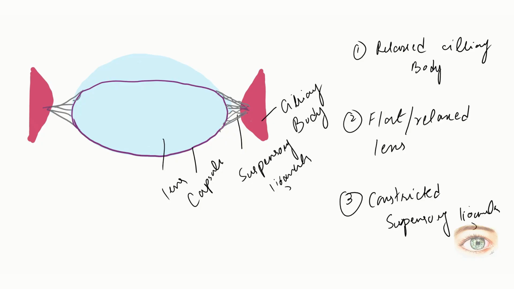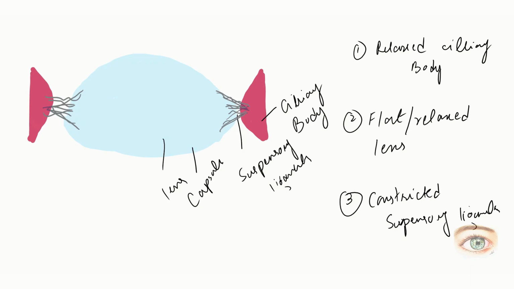So now the tension which was being pulled by the suspensory ligaments on the lens capsule is going to disappear, and now the lens has become more globular, right?